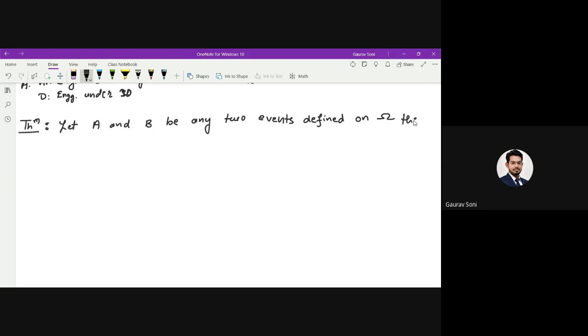Then probability of A intersection B is equal to probability of A conditioned on B times probability of B, which is also equal to probability of B conditioned on A times probability of A. This is called the multiplication theorem.